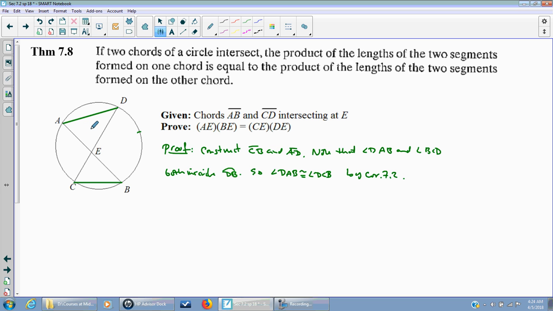Okay, so we have that this angle and this angle are the same. Now, do you see any other congruent angles? Well, yeah, there are several more here.